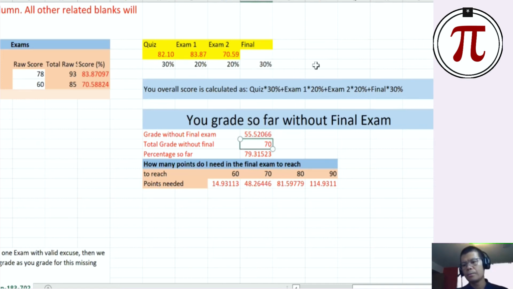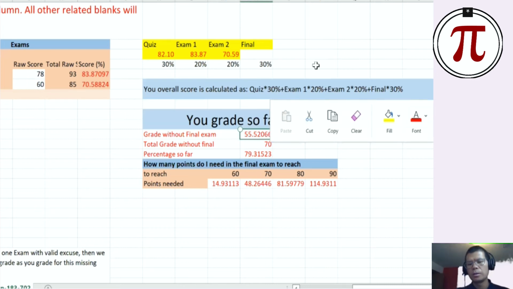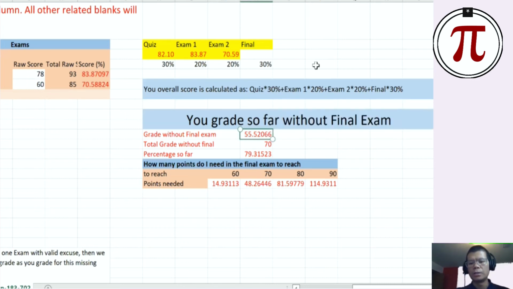Now the current percentage so far is 55 over 70, that's 79 something. Now, how many points do I need in the final exam to reach 60 points, which is pass or not pass? If you get over 60, you pass this course.